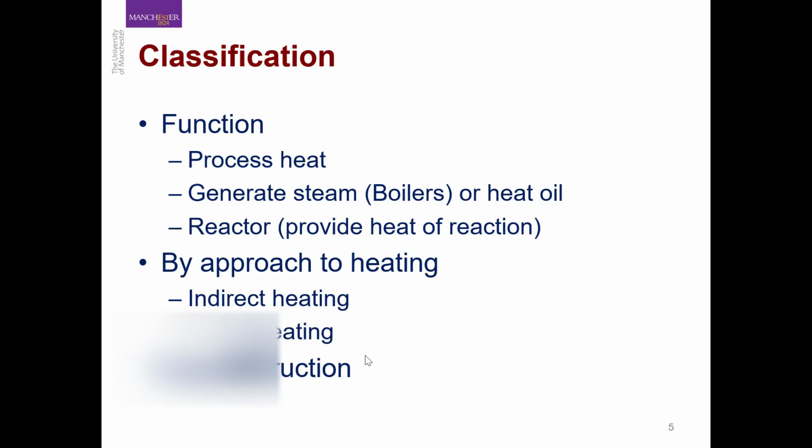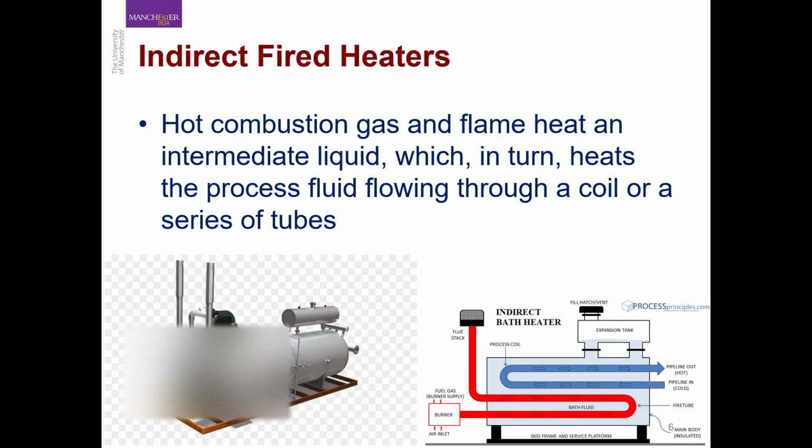So now let's have a look at indirect fired heaters. Indirect fired heaters are systems in which the hot flame provides heat to an intermediate liquid, and that intermediate liquid can provide heat to, for example, our process fluid.